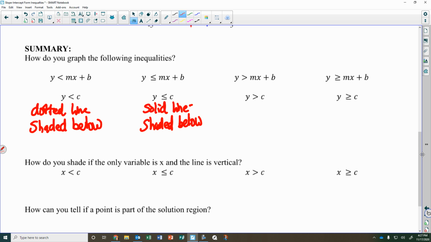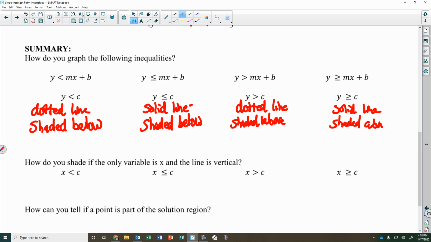And then when you go to y is greater than, again you've got a dotted line here because it's not equal to, and this is going to be shaded above. If you don't remember that, use test points. And then over here, you've got a solid line, also shaded above. So you can see the difference between them.